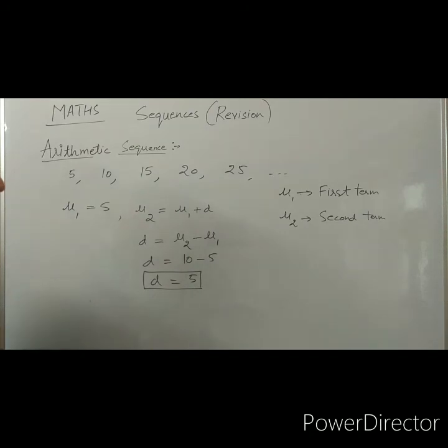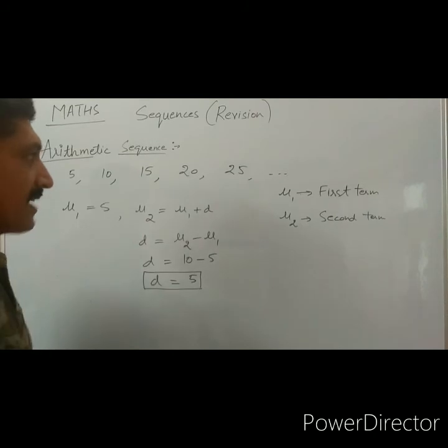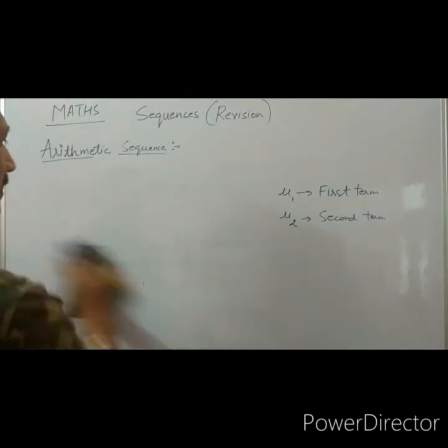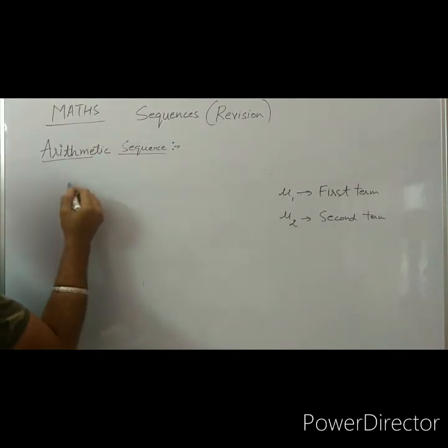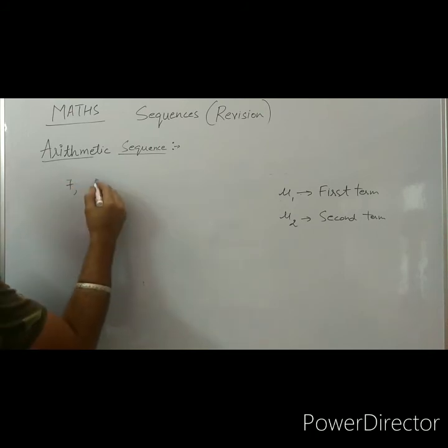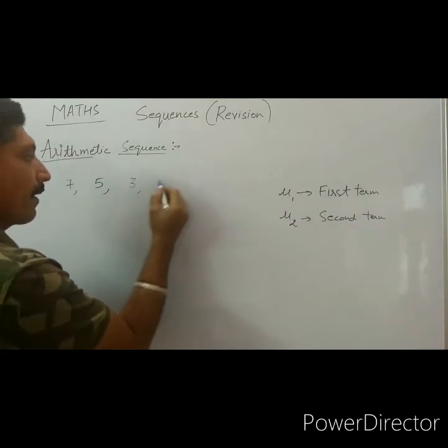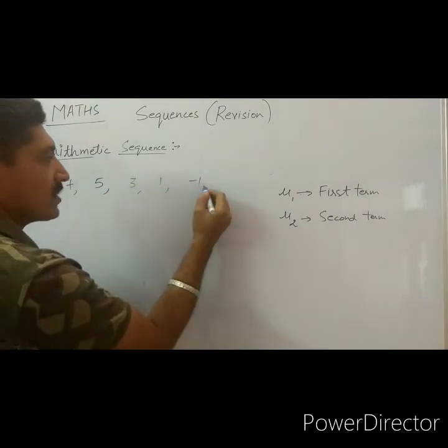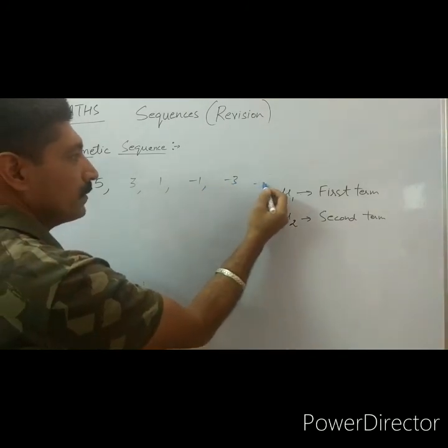We can take some other examples of arithmetic sequences, like 7: the first term is 7, then 5, 3, 1, minus 1, and minus 3, and so on.